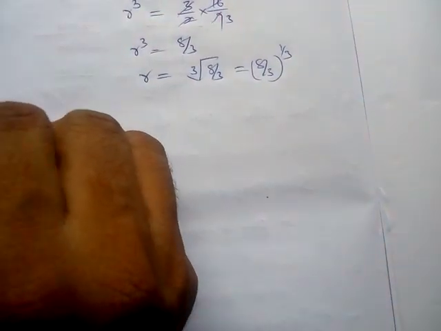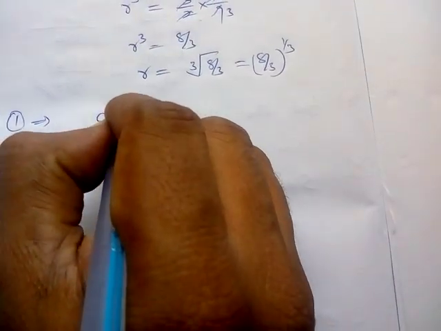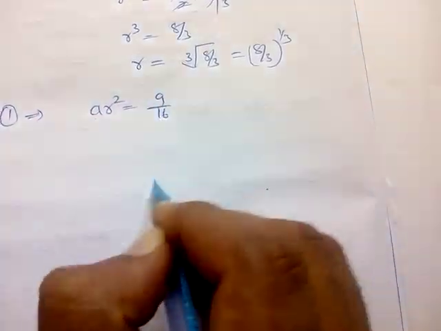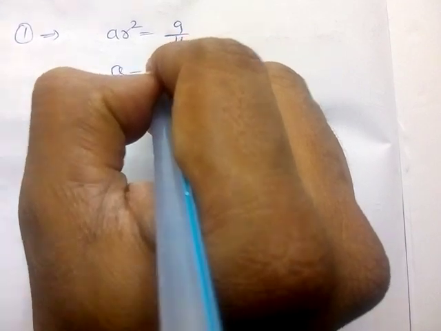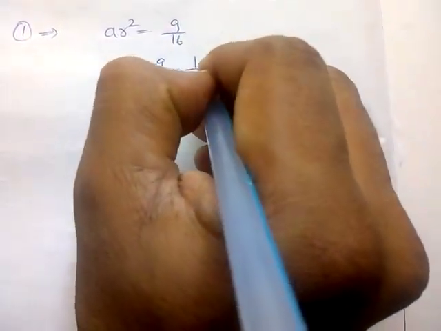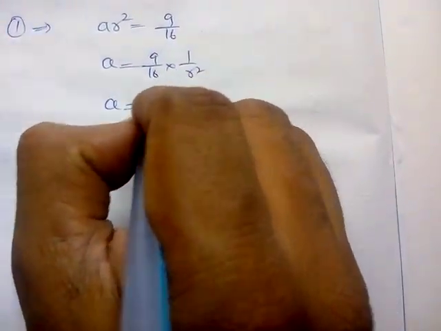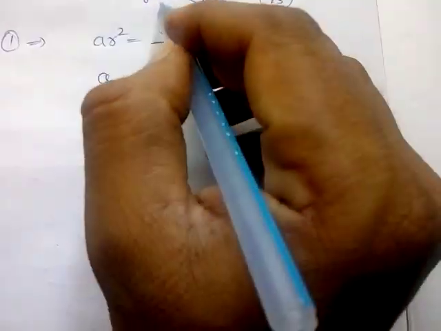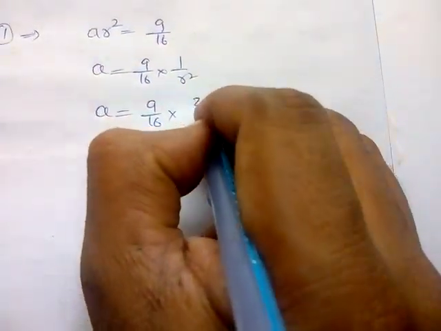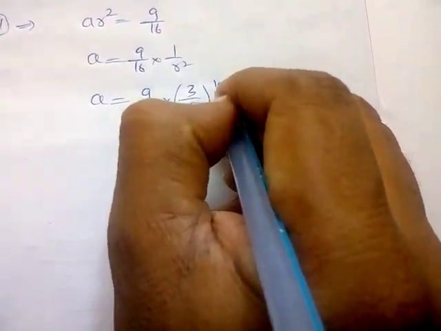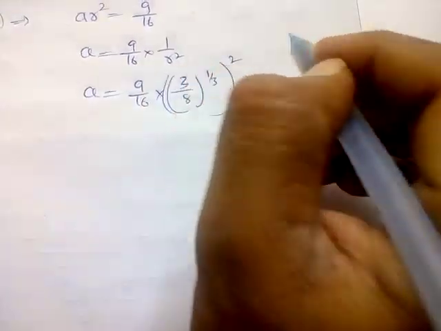Next we have to find the a value. For this, substitute in any one equation. First equation, a r square is equal to 9 by 16. So a is equal to 9 by 16 into 1 by r square. 1 by r square means reciprocal, 3 by 8 to the power of 1 by 3, whole square.